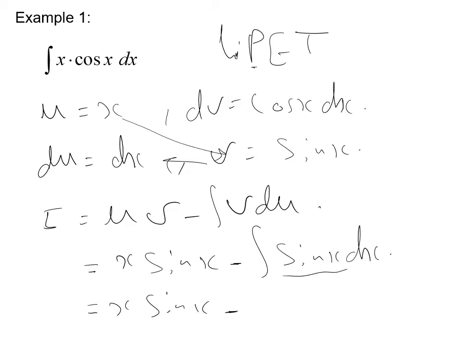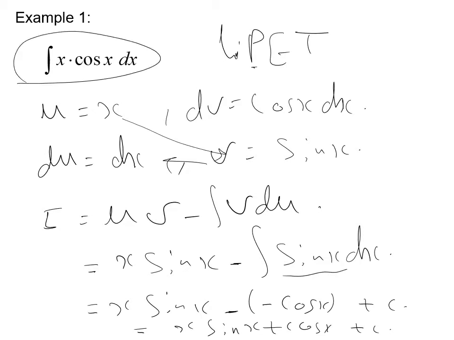We have here negative cosine x plus c; negative and negative equal positive. This is the final formula for our integration. Okay, this is how to apply the technique of integration by parts in this problem.